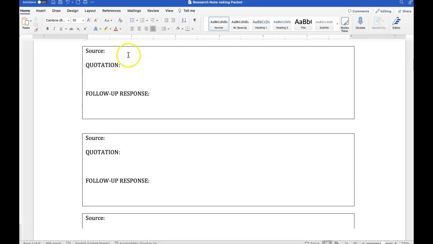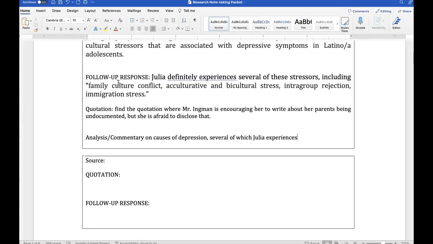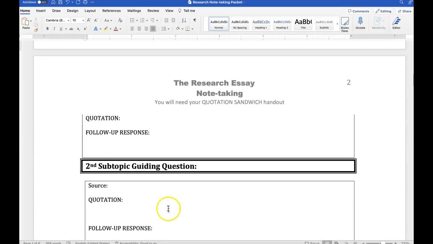So if I have another quotation, if I start getting really in depth and say not only did she have immigration stress, she also had intra-group rejection, then I find a quotation from the book and I include it here in my own follow-up response. Okay, so then I get to the second subtopic guiding question.